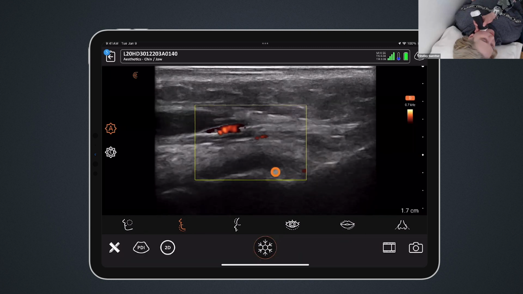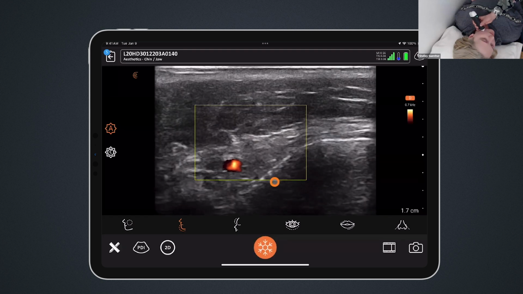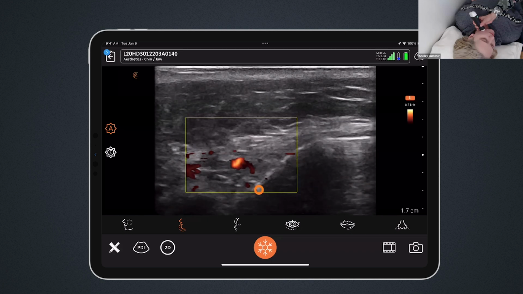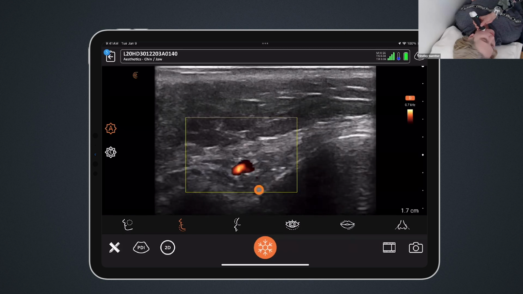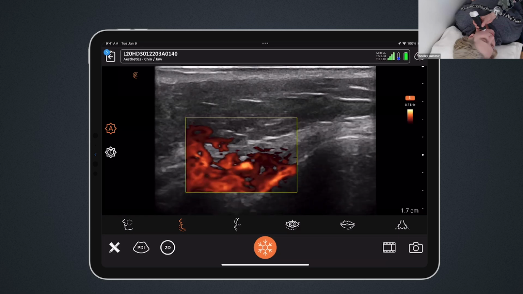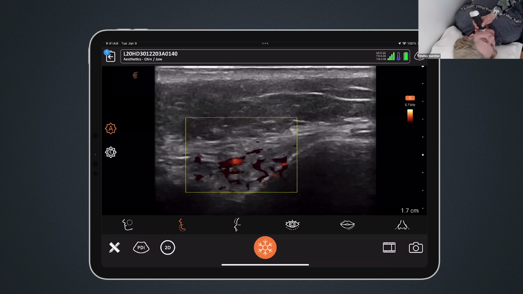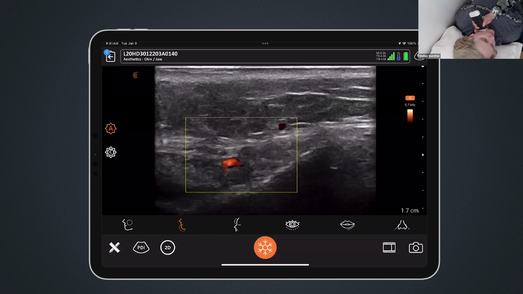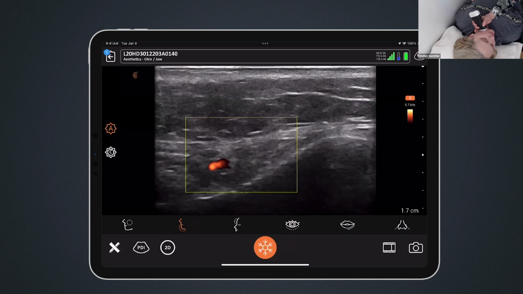Good. And then if I go a little bit more lateral, we should be able to find that big facial artery. There you go. A nice, big, juicy artery that is a good place to start with practice, right? If you're looking for vessels and you want to try to track where those vessels go. So the facial artery and vein in this area do run together.